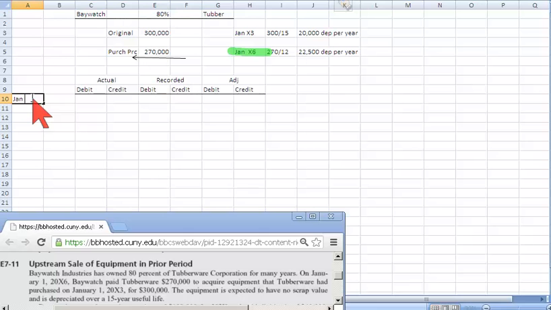So January X6, and then 1 year later would be December X6, and December X7, and December X8. And we're going to have an actual and recorded for equipment, and also the accumulated depreciation.